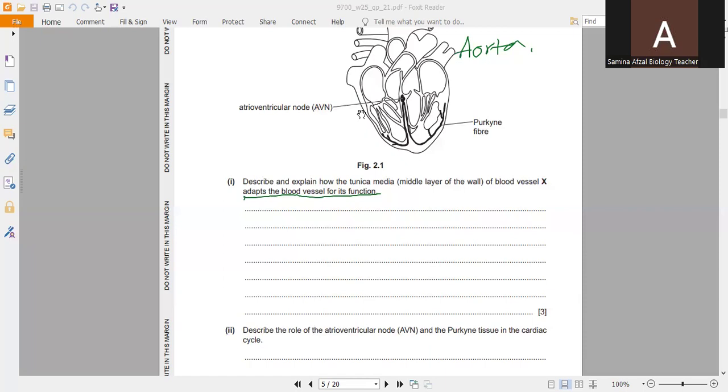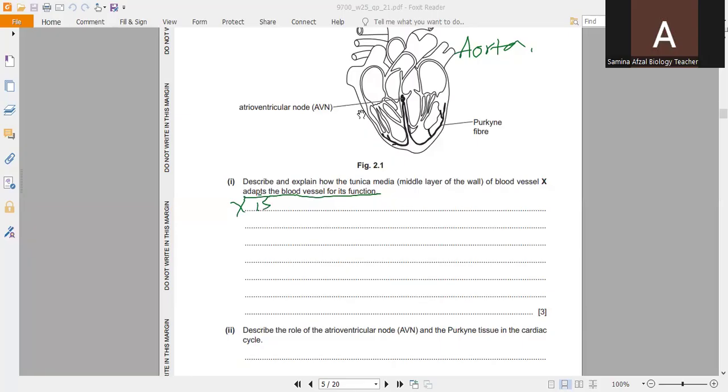And the third adaptation, they have collagen fibers, which provide tensile strength, acting as a mechanical limit to prevent the vessel from overstretching and tearing.